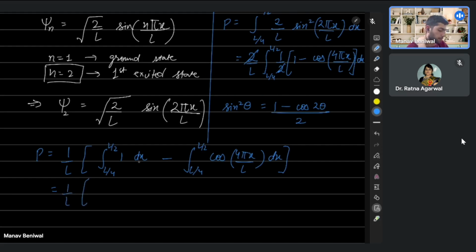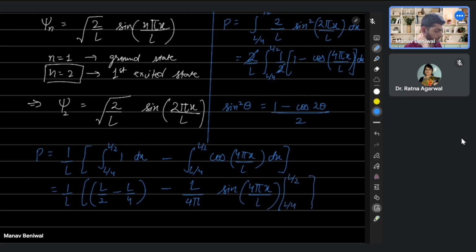So this integral will simply give us L by 2 minus L by 4, just putting in the limits, right? And the integral of cos is sine, but here we also have this 4 pi by L. So this will become L over 4 pi sine of 4 pi x over L, and we have to put in the limits L by 4 to L by 2.